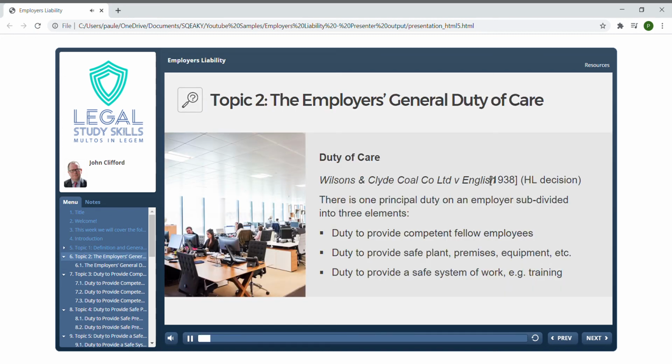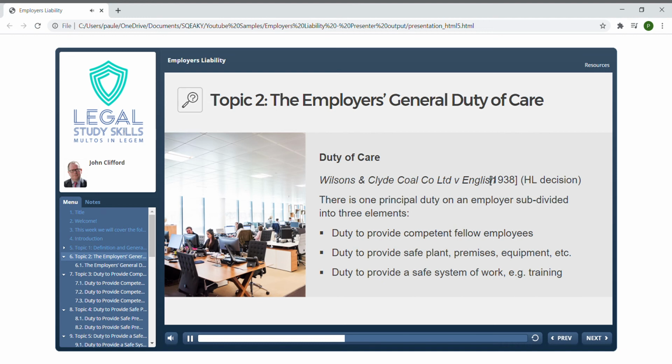Many cases have talked about the general duty of care on employers towards their employees. But probably the most famous, the seminal case in this area, is the House of Lords decision in Wilsons and Clyde Coal v English in 1938. The facts are actually not that important. It concerned the claimant who was badly injured by some machinery down a coal mine.